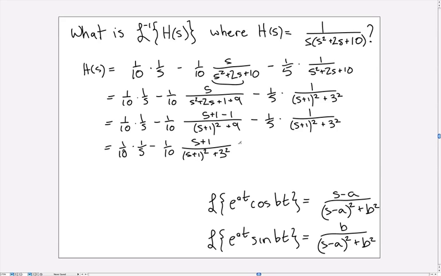And then minus minus is plus 1 over 10 times 1 over s plus 1 squared plus 3 squared minus 1 over 5 times the same.